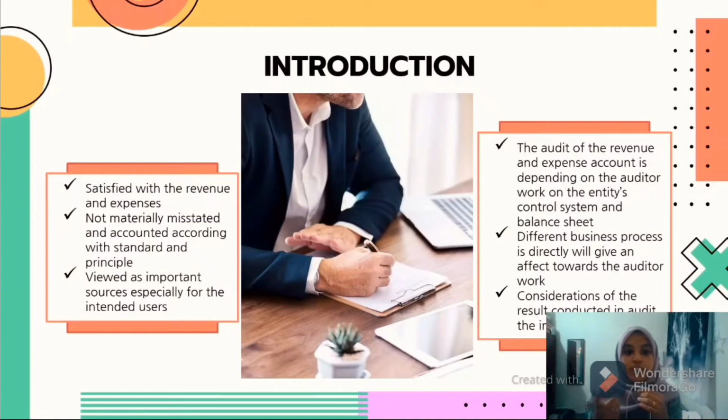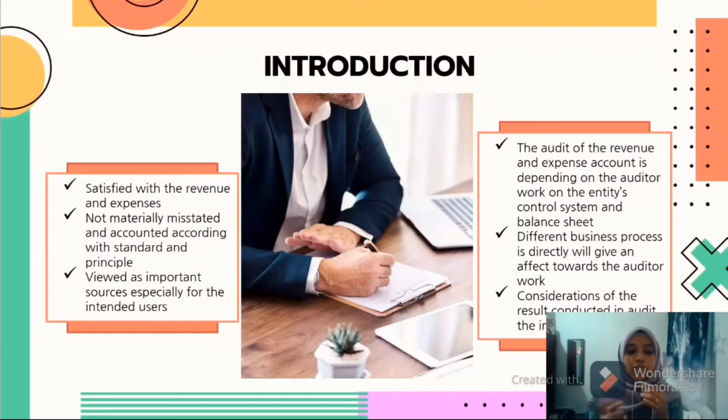Because we know that profitability is one of the indicators that enable potential users to see the entity's ability to repay debt. So, for example, from the point of view of potential investors, they will look to the income statement when deciding whether or not to purchase the entity's stock.